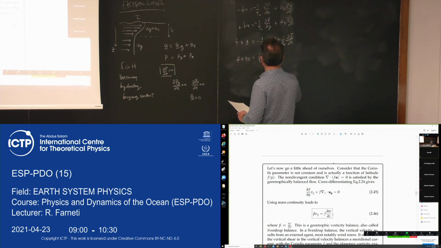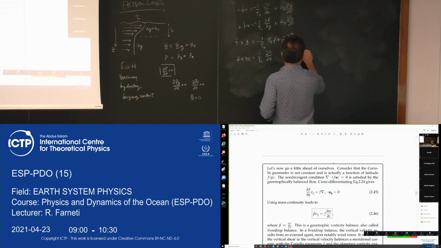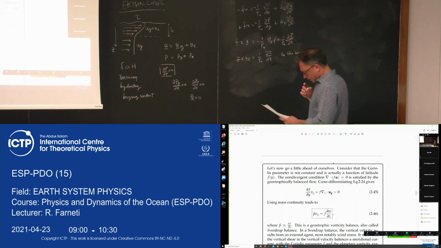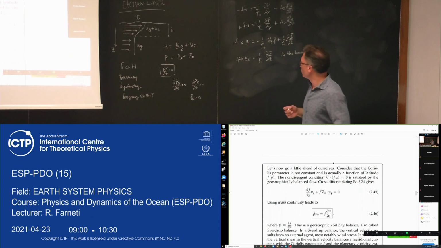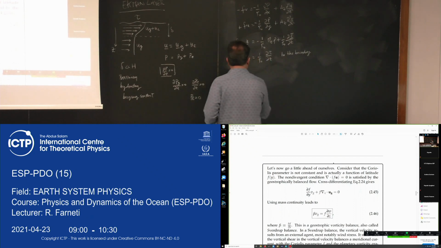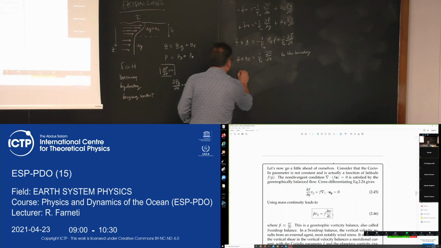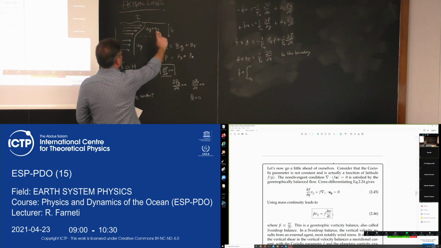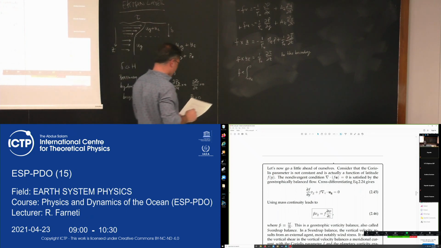Okay, so this should be in the boundary layer. Now we can define a mass transport within the Ekman layer. We can integrate over the Ekman layer, from 0 to minus h Ekman.